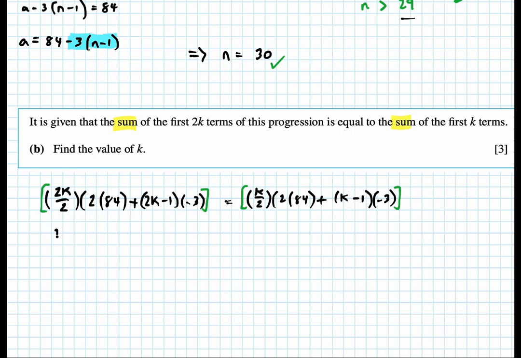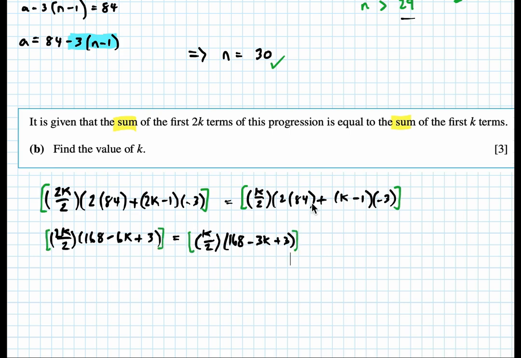From there, just simplify down. So 2k over 2, we can make that k actually. I'll do it in the next step. 168, only for a bracket, minus 6k plus 3. Yeah, that's right. Is equal to k over 2, and the same thing here, but just minus 3k. 168 minus 3k plus 3.